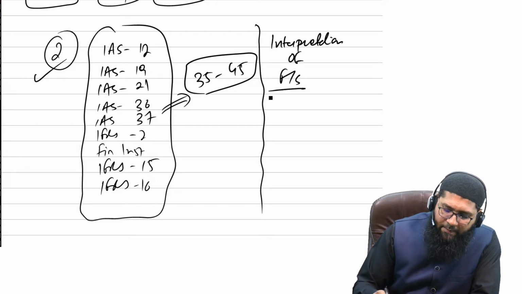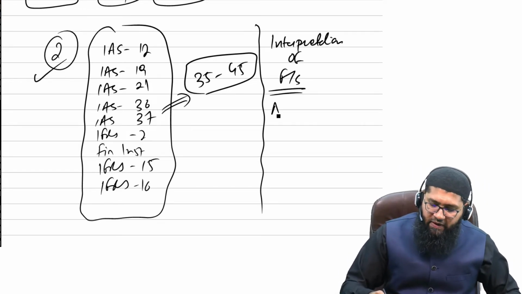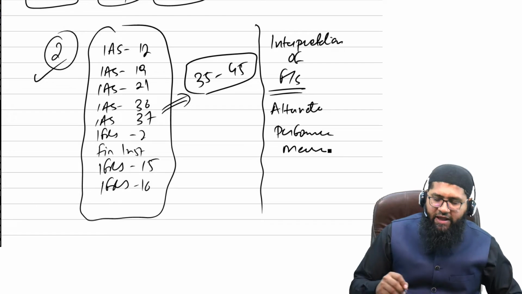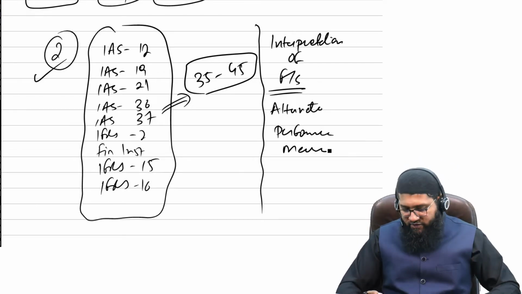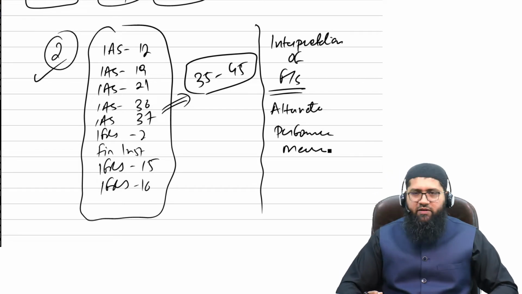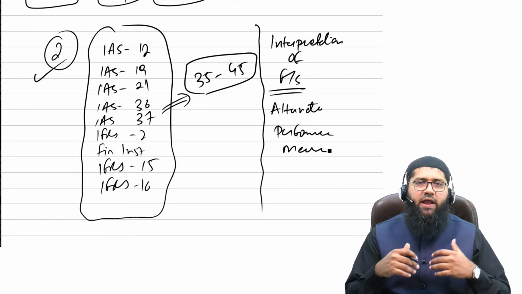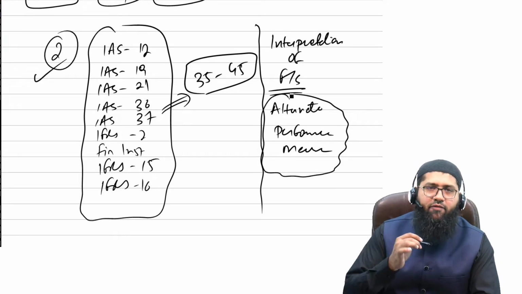And nowadays it's not just about the traditional ratios, but there are these alternative performance measures. There are these alternative performance measures which you should actually know, which are the non-financial performance measures, the financial performance measures, and so on and so forth. So there are different things which you would have to do.